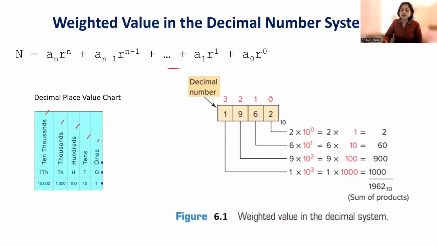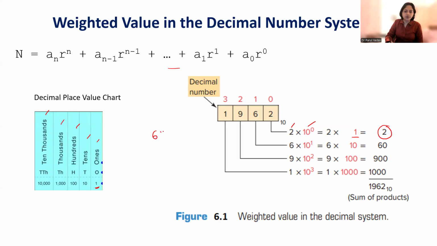We know this is at the ones, then tens, then hundreds, and then thousands place. So we'll write here the face value into the place value. The face value is 2 and the place value for this is 1, right? So you will write 2 into 1, and this will be 2, right? I hope you know what place value and face value are.